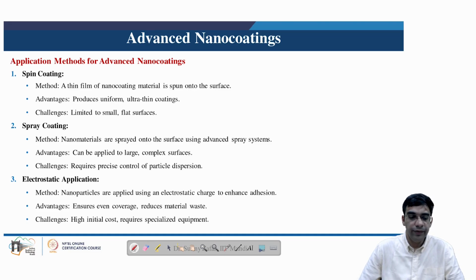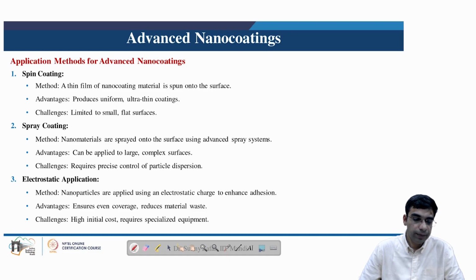So the various application methods of advanced coating include spin coating, spray coating and electrostatic application. In the spin coating method, a thin layer of nano coating material is spun on the surface. The advantage of such coatings is that they produce a uniform and ultra thin coating, with challenges limited to small and flat surfaces.